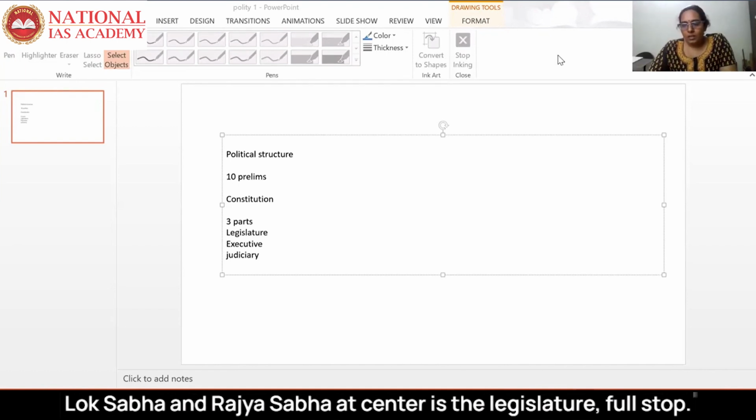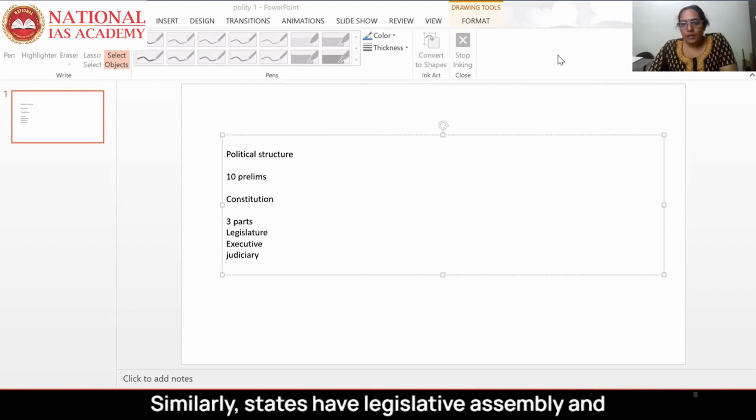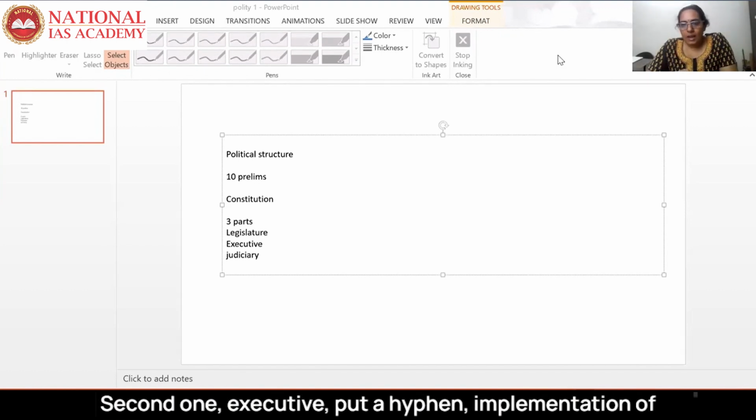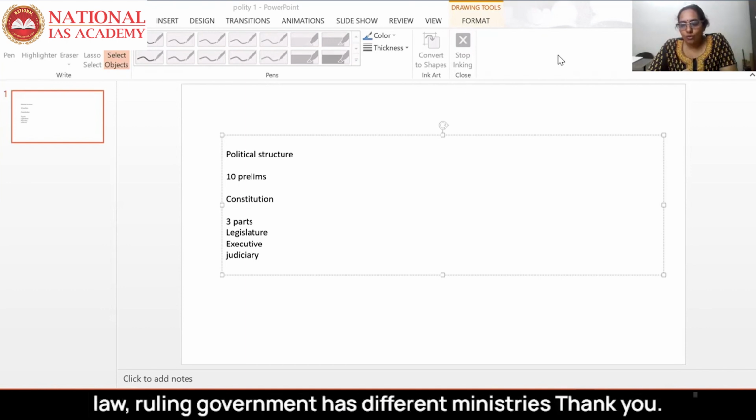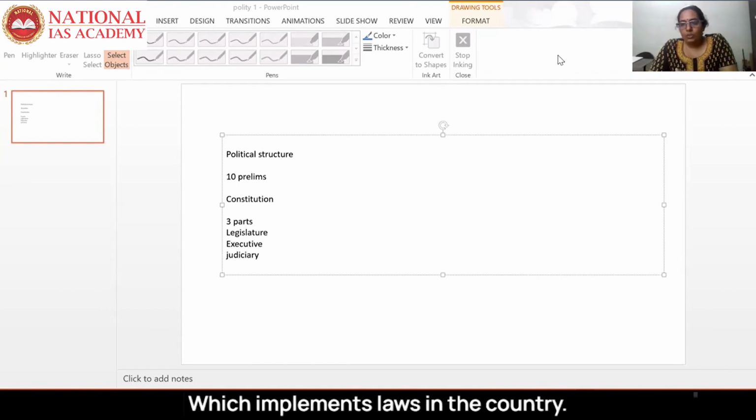Full stop. Similarly, states have legislative assembly and legislative council as law-making bodies for the state. Second one, executive, put a hyphen, implementation of law. Ruling government has different ministries which implement laws in the country.